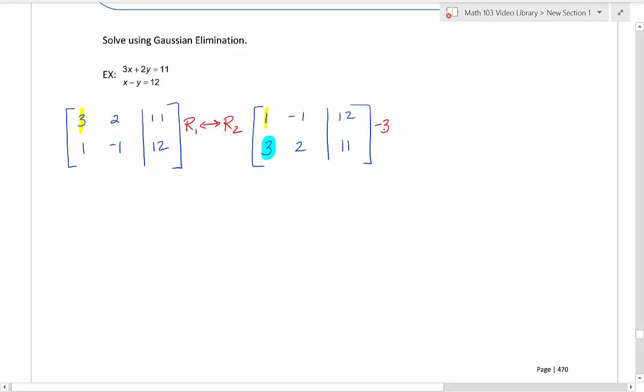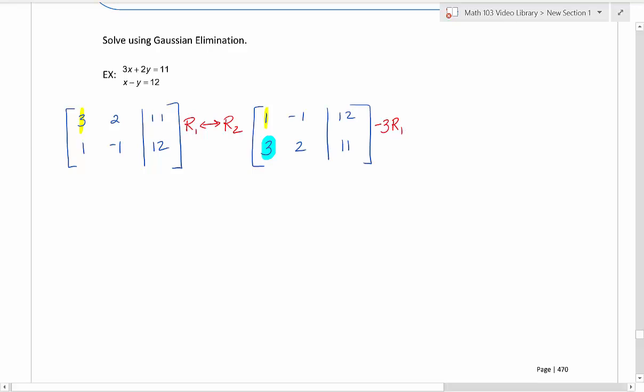We next ask ourselves, well, what row is that leading one in the first column? The leading one in the first column is located in the first row. So we're going to multiply the first row by that negative 3. Another way to think of it is you can just ask yourself, what column am I working in? Column 1, so you always multiply row 1 when you're in column 1.